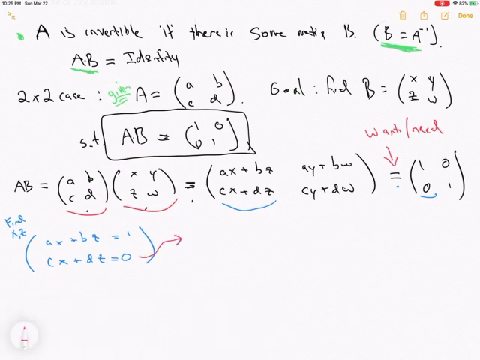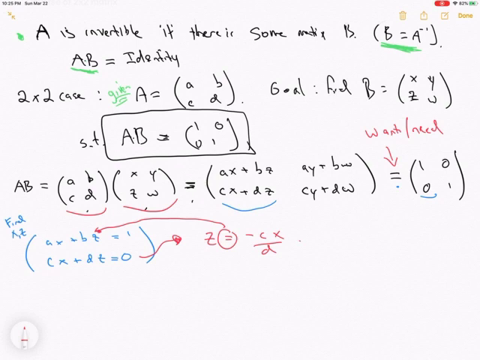And here I won't do row reduction or anything. To analyze this, we can just observe that in this bottom equation, we can solve for, say, z in terms of x. We see that z is equal to negative cx divided by d. To solve that equation, move the cx to the other side, divide by d, and now we can take this equality and substitute it into the other equation.